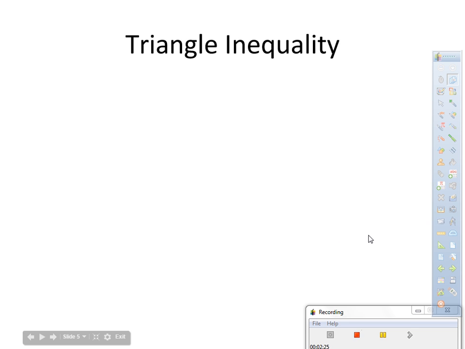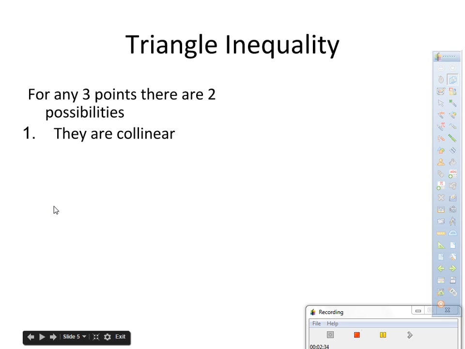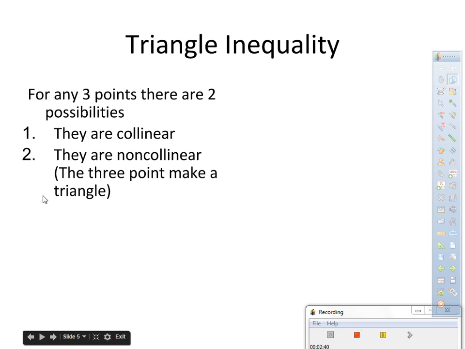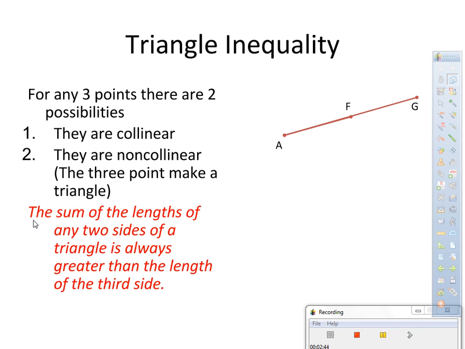This is a theorem that comes up all year, and it makes total sense. For any 3 points, they can either be collinear or non-collinear.